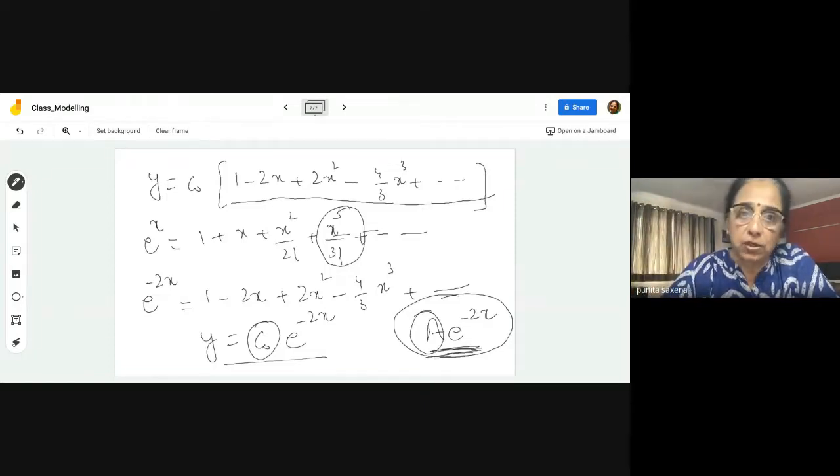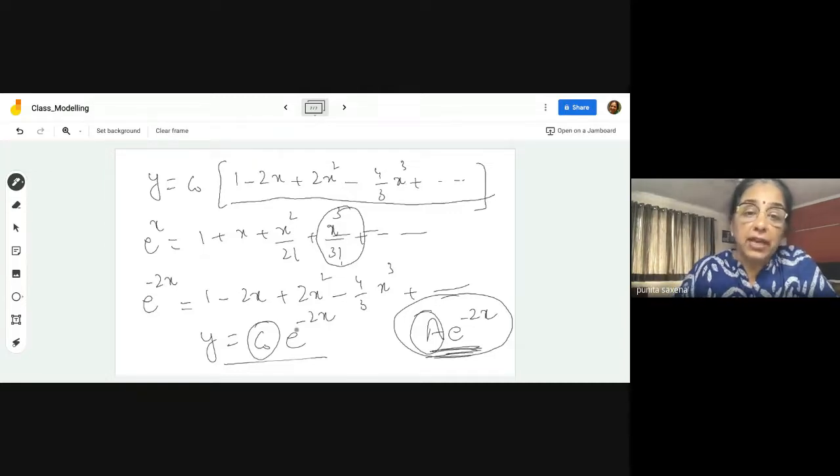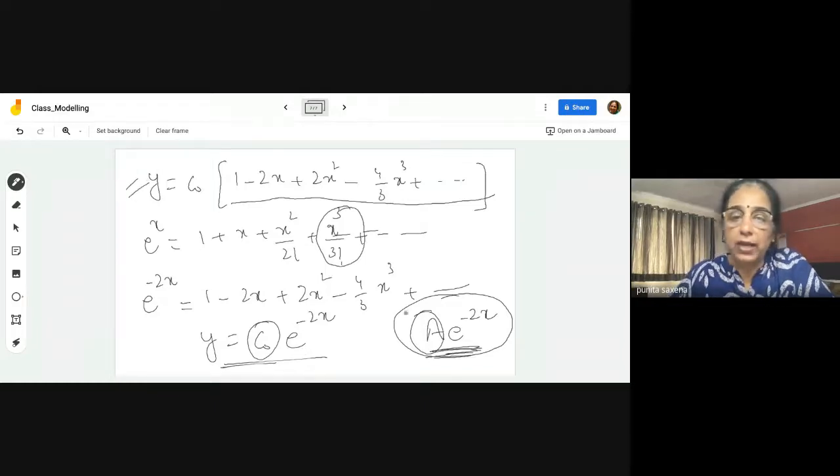But we could solve that differential equation by the power series method also, and in the end, we observe that they are both equal. That means whether I solve by this method or that method, I'm getting the same solution for this differential equation.